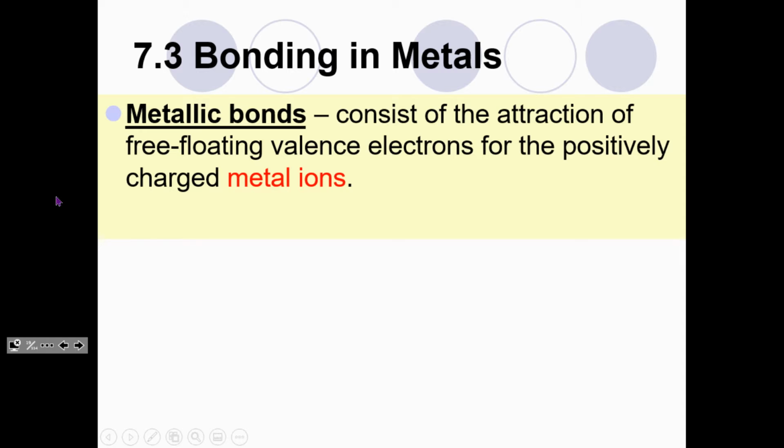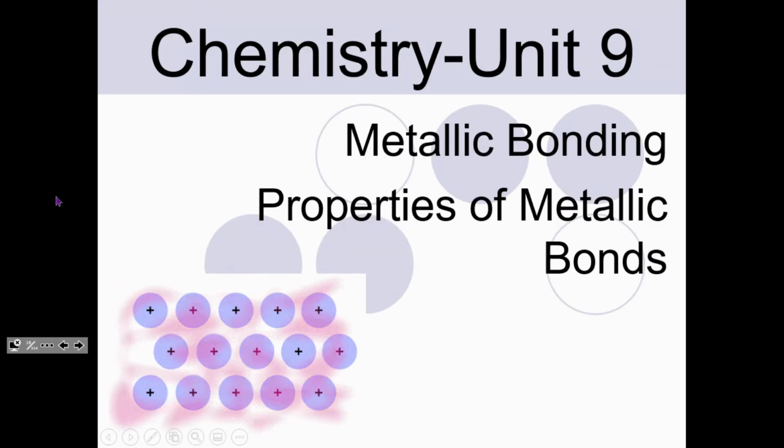So metallic bonds consist of an attraction of freely floating valence electrons with a positively charged metal ion. So let me go back to the first page. Look at this image on the left. We have a bunch of positively charged cations, because most of the time metals form cations. And then we have this stream of pink floating around, and that pink is going to represent electrons.